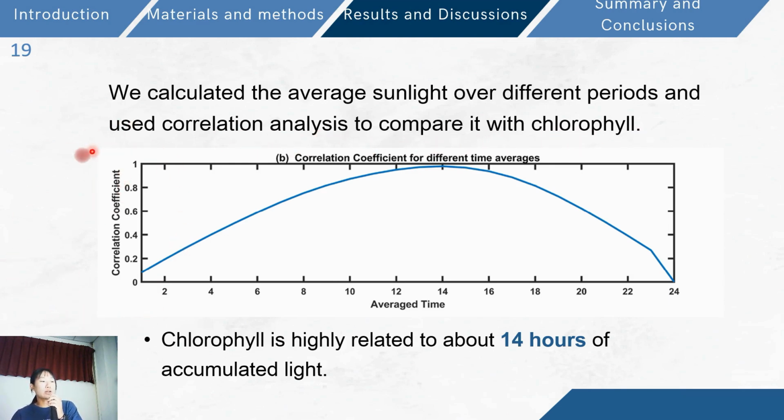The Y is the correlation coefficient. The X is the averaging time. The picture shows chlorophyll is highly related to about 14 hours of accumulated light, and its correlation coefficient is close to 1.